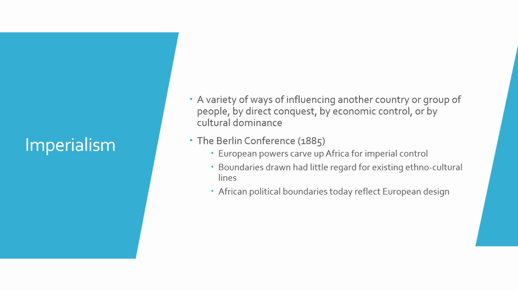As European powers go out, we have what's called the Berlin Conference, in which European powers carve up Africa for imperial control. And Africa, as we see it today, is very much influenced by the splitting up of territory that happened at this conference.